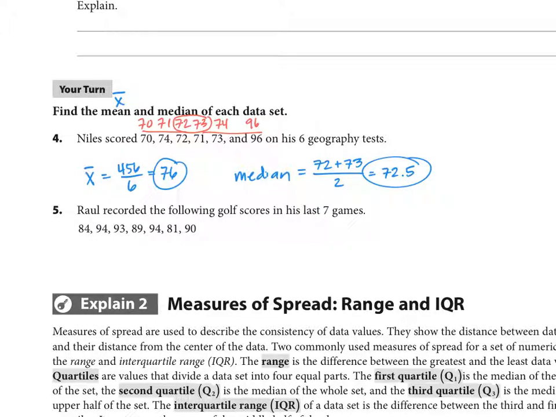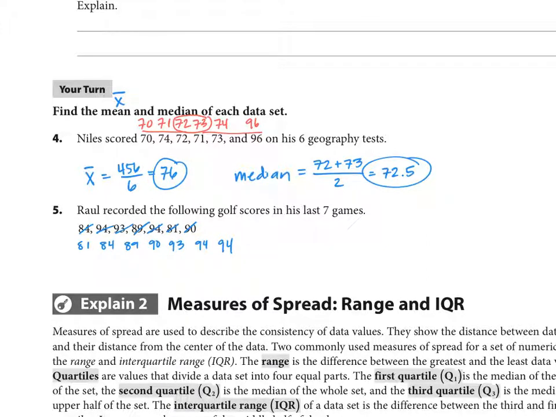And number 5, we've got 7 games here. I'm going to go ahead and just put it in order first. So we got 84. Oh, 81 actually goes first. So 81, 84, 89, 90, 93, 94, and 94.